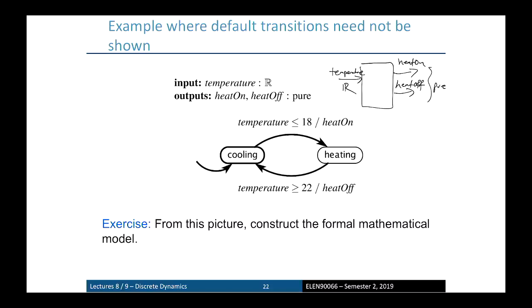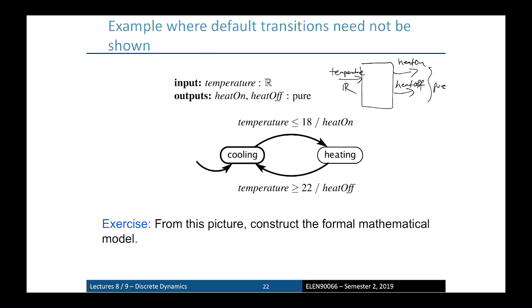This one has an extra output. This one relies on a sort of set reset type heater unit. The other one was basically something a transistor could have driven, right? While the signal's present, you're heating, and when it's absent, you're not. But we now don't need to have these explicit default transitions inside the states.